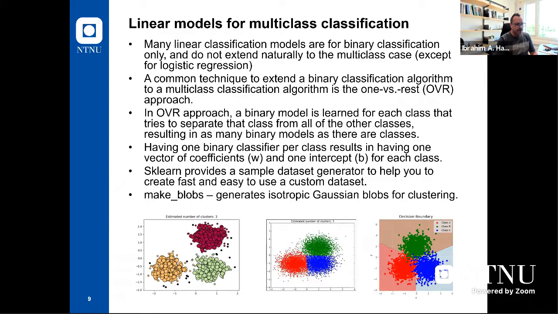sklearn provides some samples. We can work with iris directly, but I prefer here to start with a dataset which is generated by sklearn. sklearn provides sample dataset generators to help you create fast and easy to use custom datasets. We can generate some toy datasets or customized datasets. Those datasets are useful because we can use them for testing different algorithms and discover how those algorithms work.